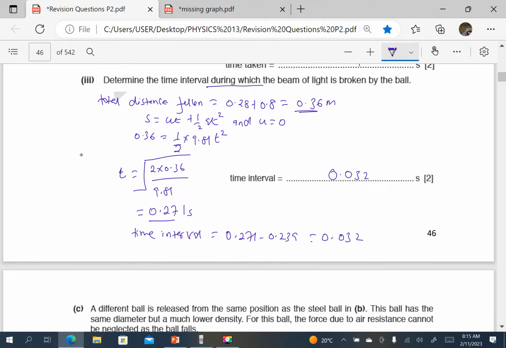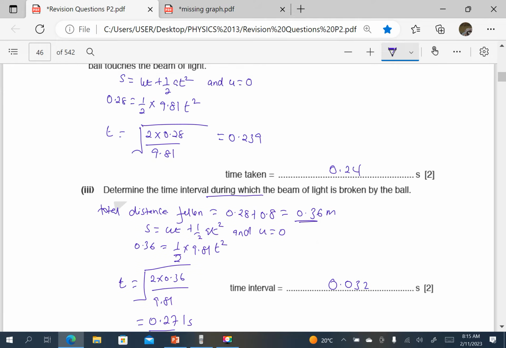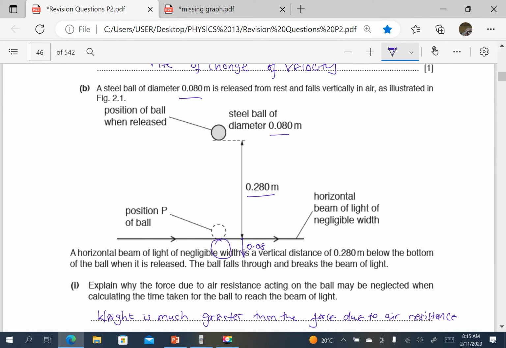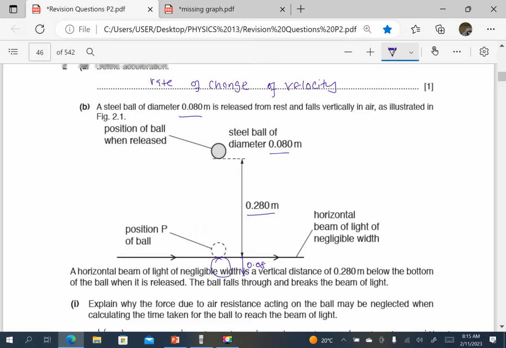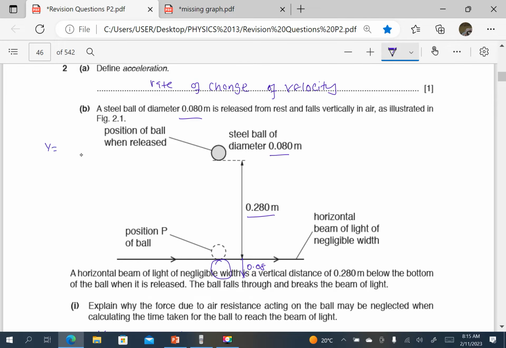However, if you are good at mathematics, you can also solve a quadratic equation. Let's use the space here for the other method. Method 2: I could first find the speed with which it arrives at the beam using v equals u plus at, so that I can now use that speed with the diameter of the ball to find the time it takes to cross the beam.